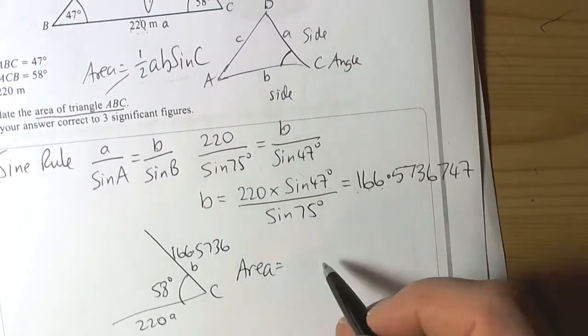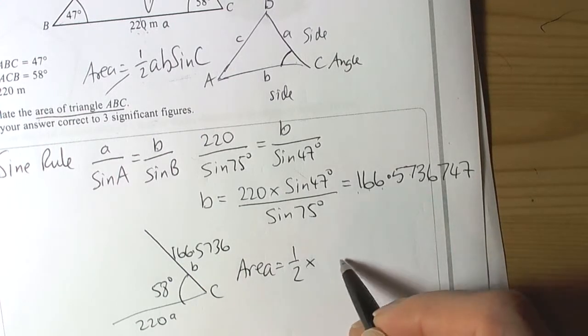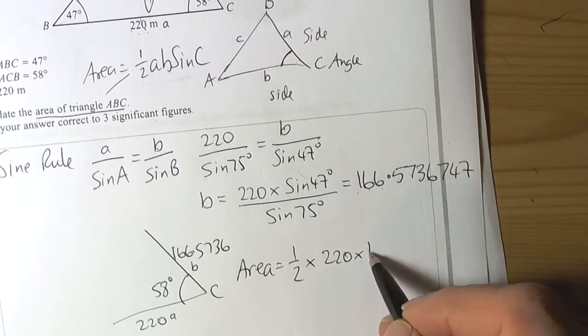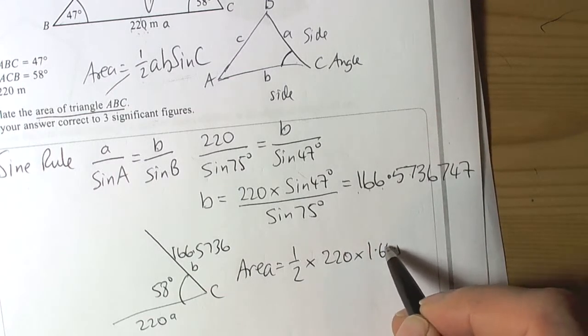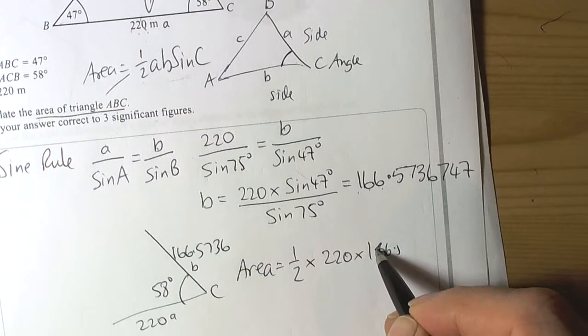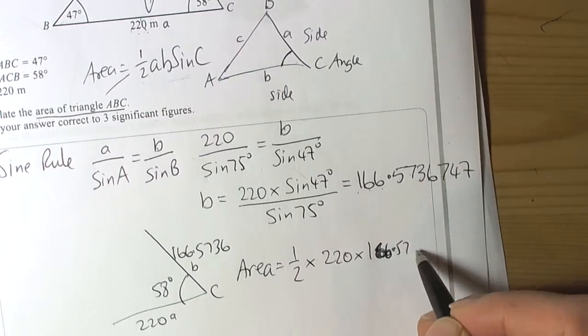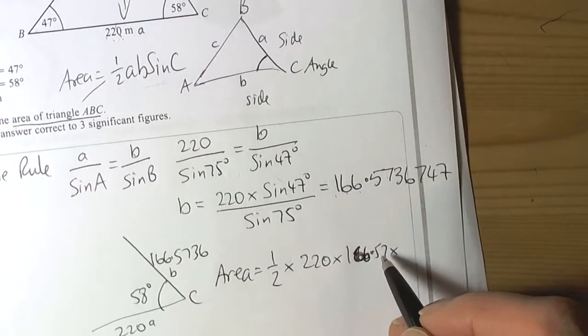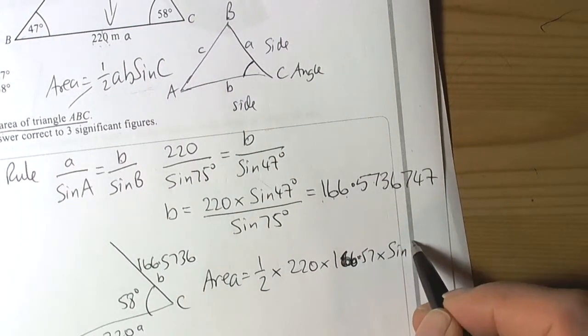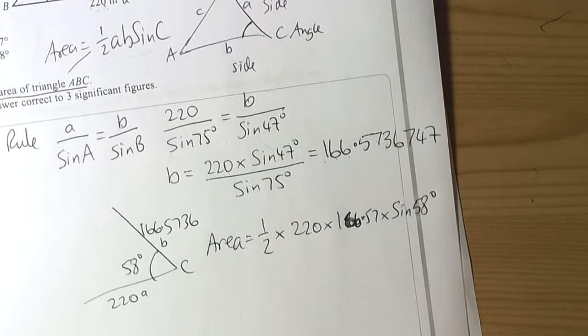Therefore my area is going to be a half times the length of a, 220, times the length of b, 166.57 and so forth, times the sine of 58 degrees.